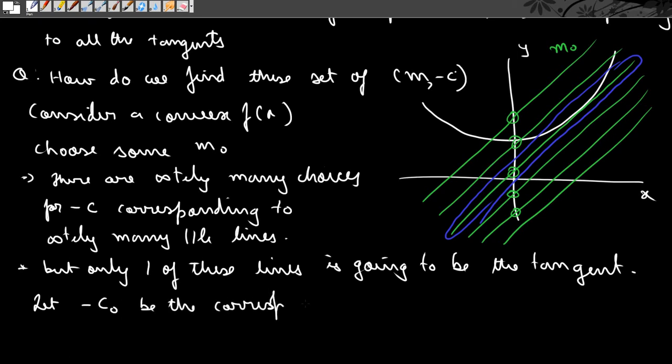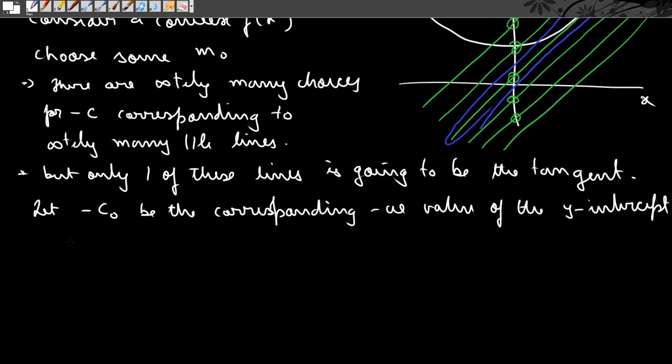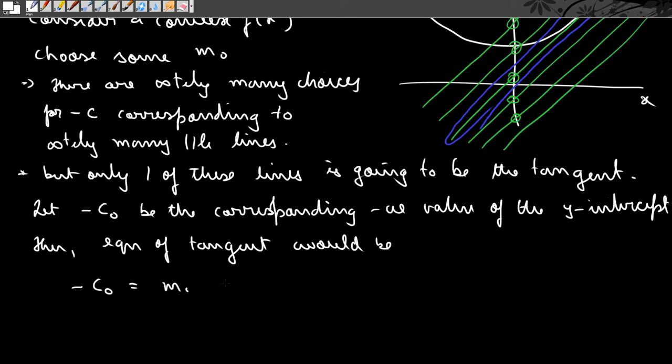corresponding negative value of the y-intercept. Okay, then our equation of the tangent would be minus c naught equal to m naught x plus minus y.